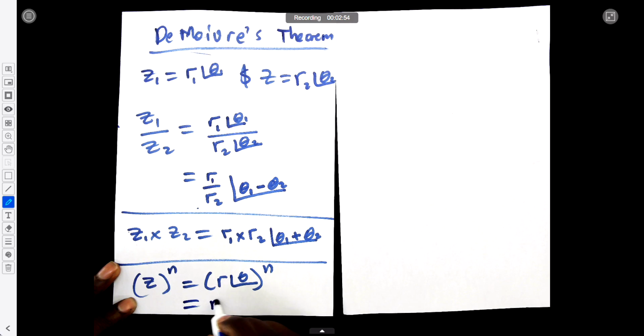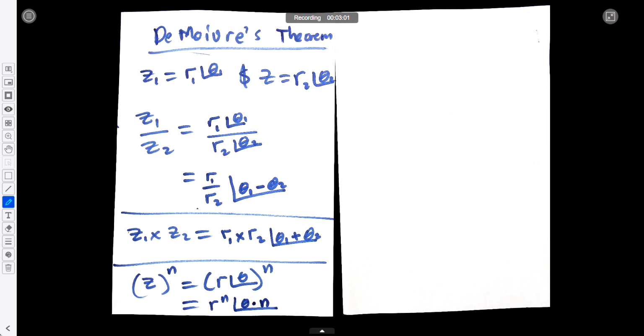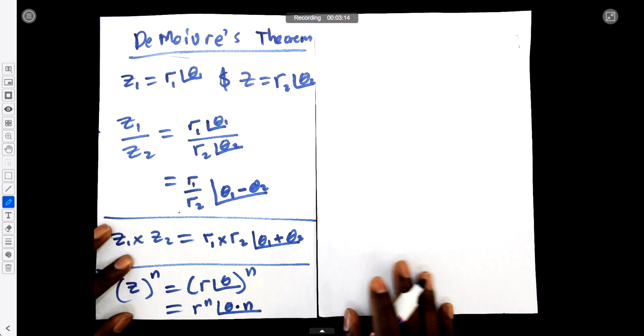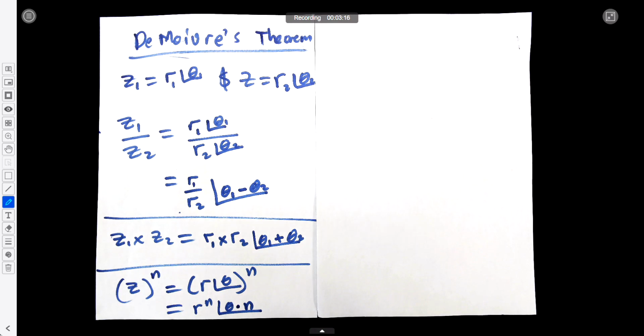So we're going to say r to the power of n, multiply theta by n. So it's n times theta, or theta times n. We raise r, the modulus, to the power of n, then theta multiplied by n. So that is de Moivre's theorem.